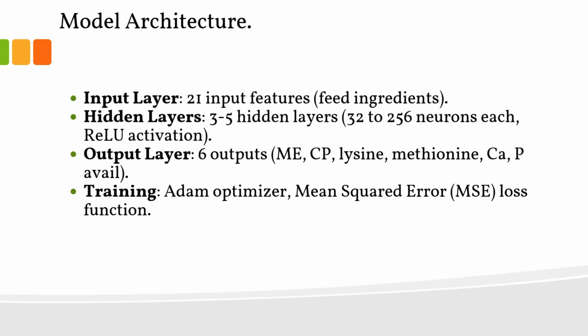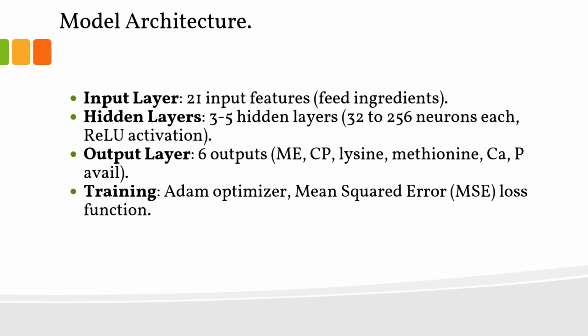The hidden layers are the layers with which the model is going to be training. The output layer has six outputs: the metabolizable energy, the crude protein, lysine, methionine, calcium, and available phosphorus.